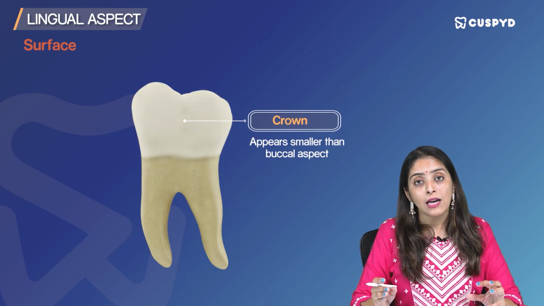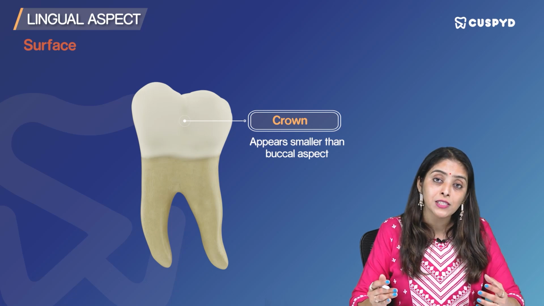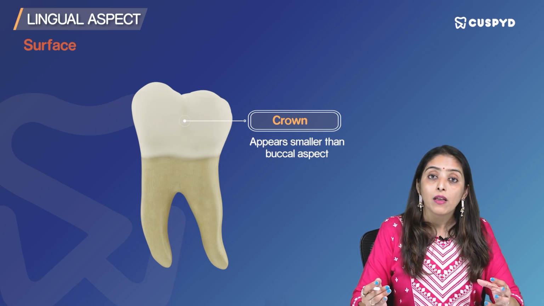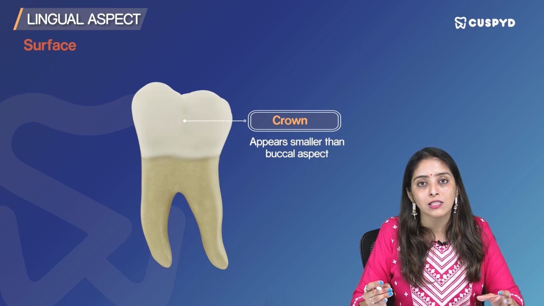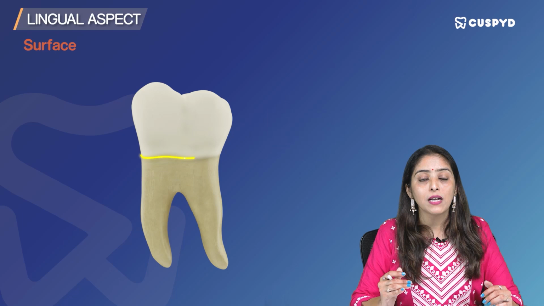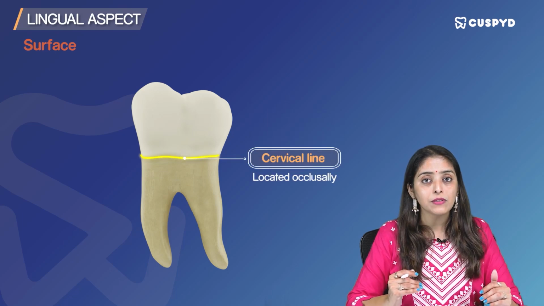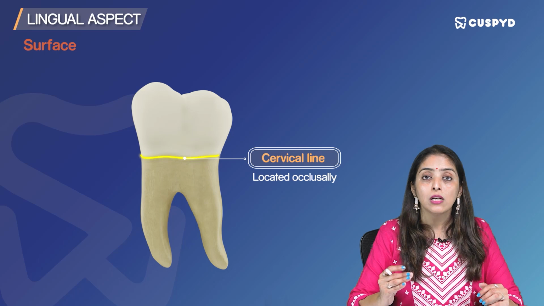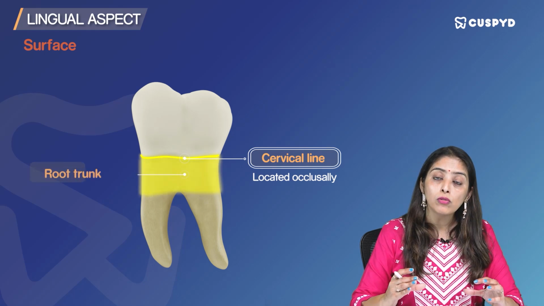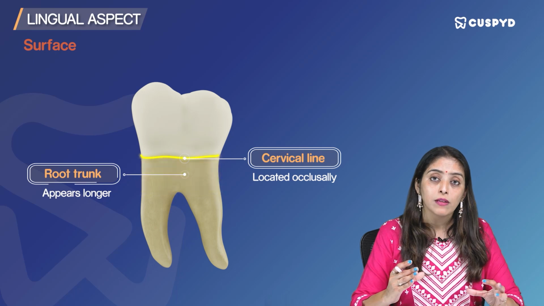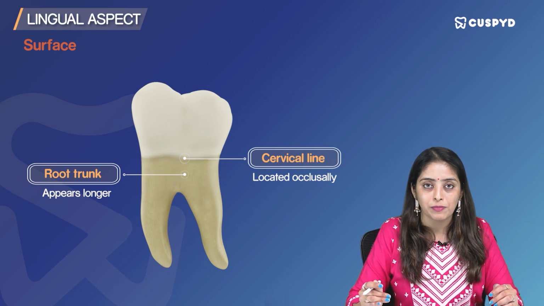Even though I said to you earlier that the lingual cusps are taller and they are visible from the buccal aspect, the reason for the lingual cusps appearing smaller from the lingual aspect is because the cervical line moves a little more occlusally. As the cervical line moves more occlusally, the crown appears smaller. Also, the root trunk appears longer, giving the tooth a longer appearance from the lingual aspect.